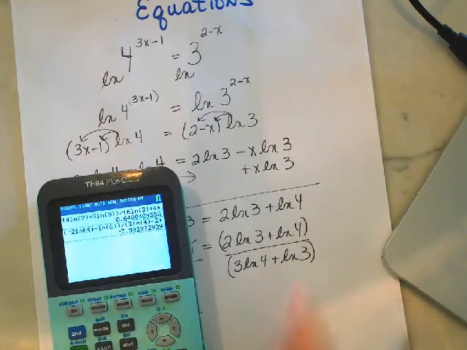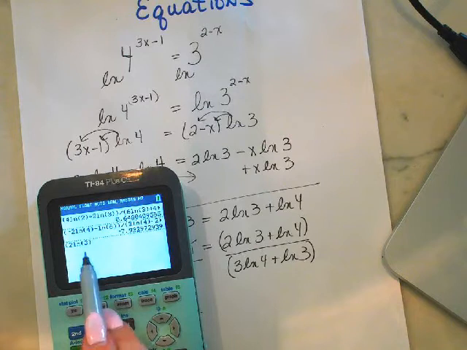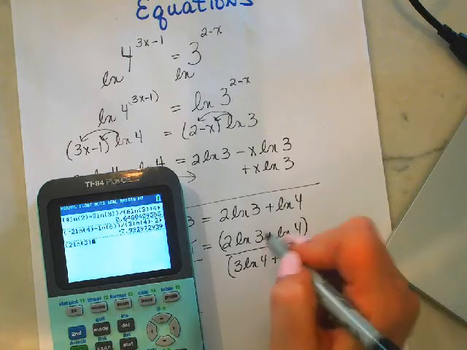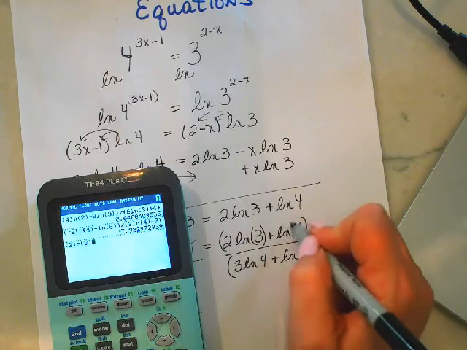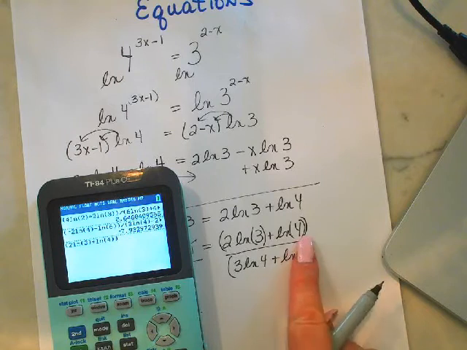Okay, so when I substitute in the numerator, I'm going to hit parentheses, always a parentheses, 2 ln. What happens is ln will pop up its own parentheses. I'll put in the 3, but I have to close off that parenthesis. I'm going to close it up, and it's going to happen here too. Plus ln, pops up the parentheses, 4, close it, close the whole parentheses.